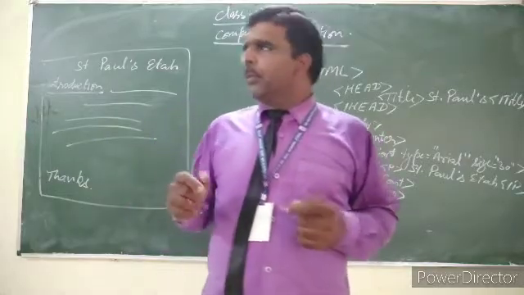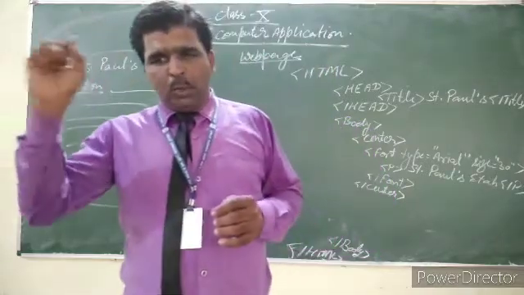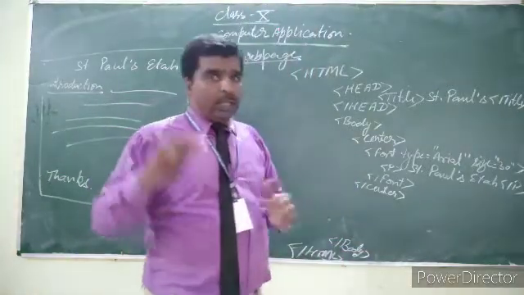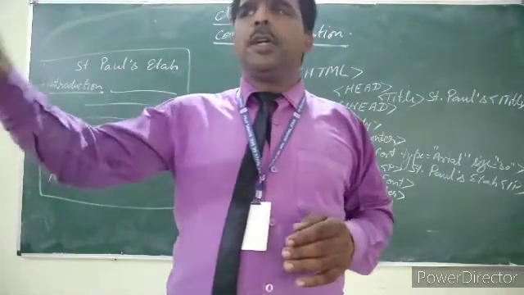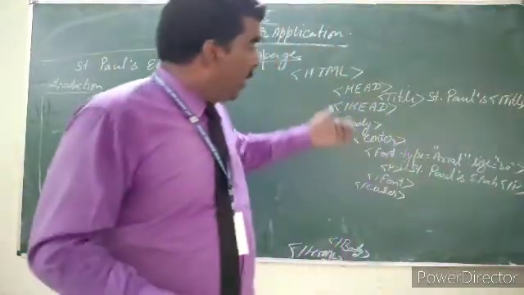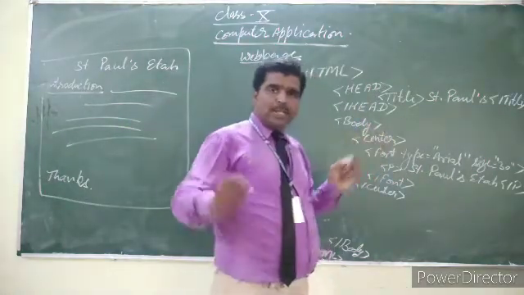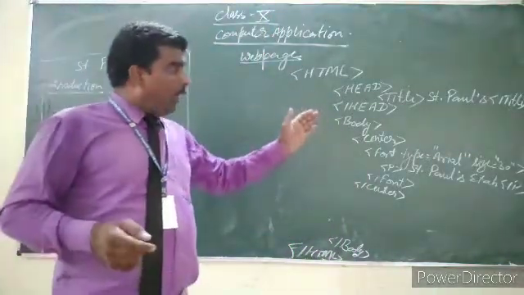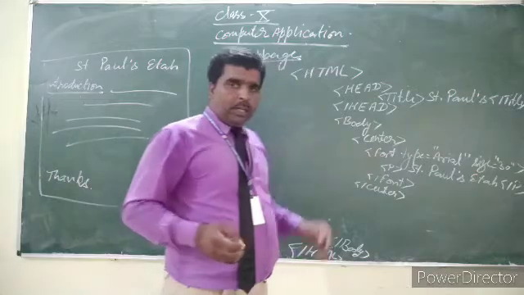Like the name of any person, afterwards you can tell that he is so and so, he has done this degree or completed this course. That is the features, so that is called an attribute. Here the tag is used as the main thing, and after that the attribute can be utilized to give the features of that thing.